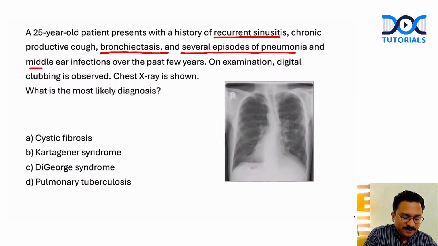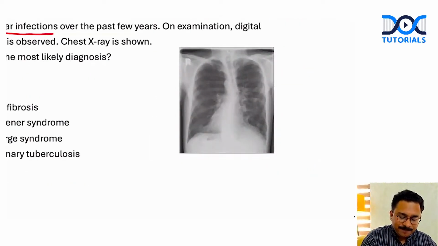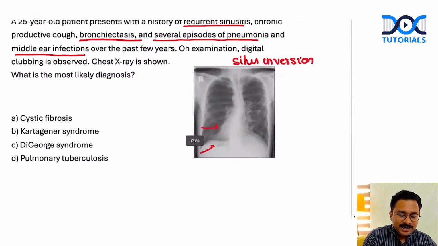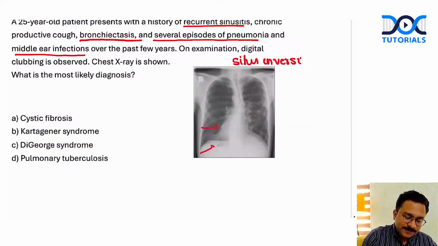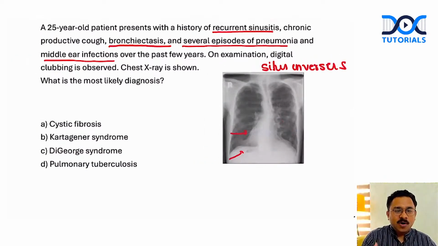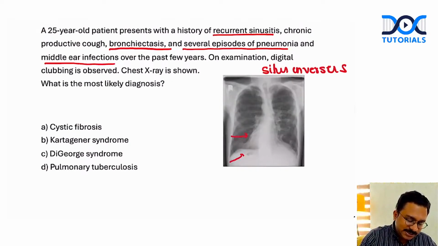Okay, so there are recurrent infections, bronchiectasis, and as you can see in the chest X-ray, can you see the fundic gas shadow here and also dextrocardia here, showing that there is a situs inversus. There is a dextrocardia and the fundic gas shadow is seen on the other side. So when you get a recurrent infection, situs inversus, bronchiectasis, you are thinking about a primary ciliary dyskinesia like Kartagener's syndrome.